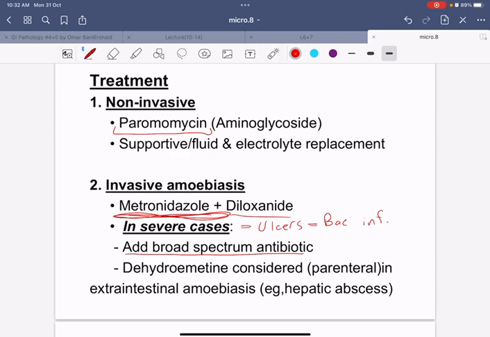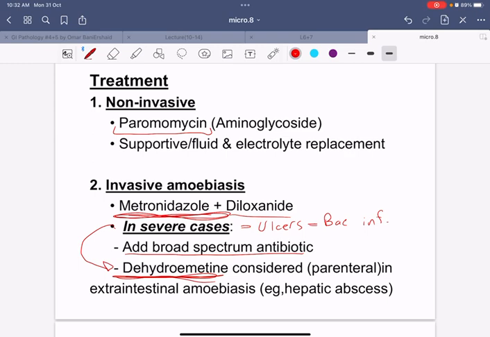Someone has a hepatic abscess, of course you have to treat severe cases with dehydroemetine. Remember, it's rarely used, but it is one of the drugs which we spare for severe cases.